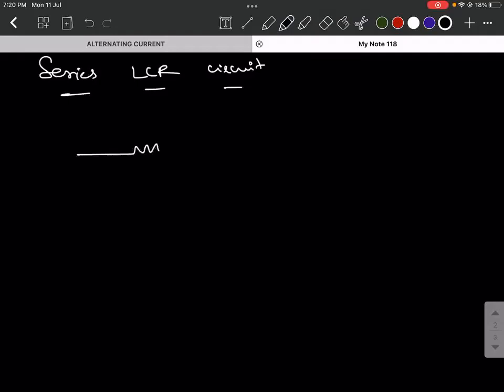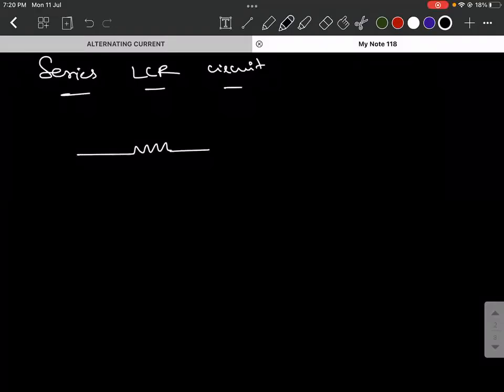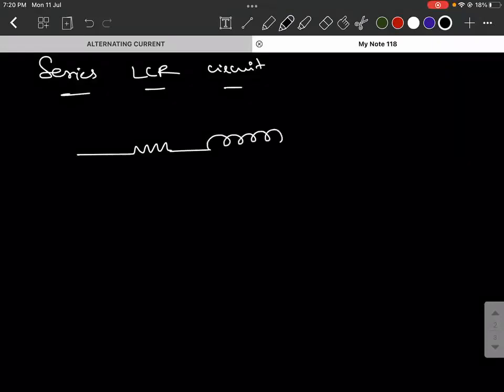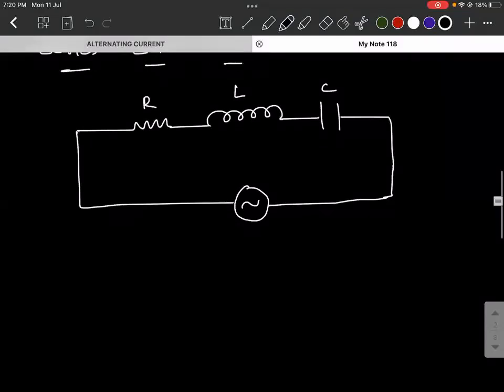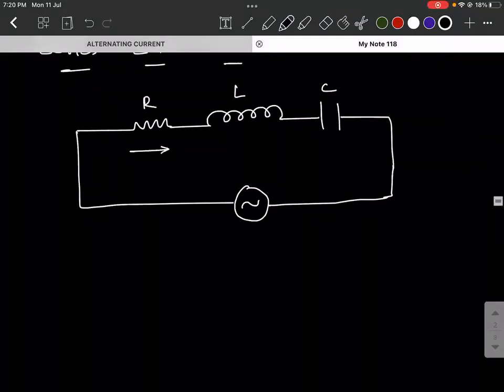Here I'm putting the resistor first because with respect to the resistor, it is easy for me to calculate for inductor and capacitor. R, L, and C. So if I say the current across the resistor is IR, current across the inductor is also IR, and the current across the capacitor is also IR.